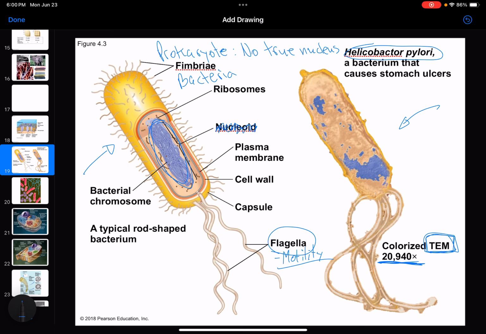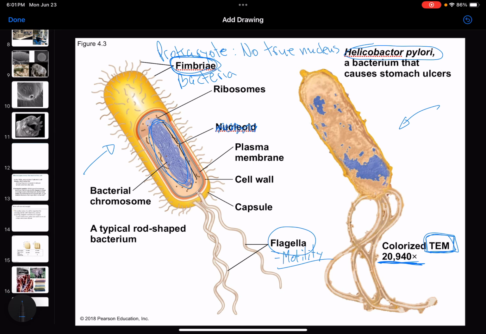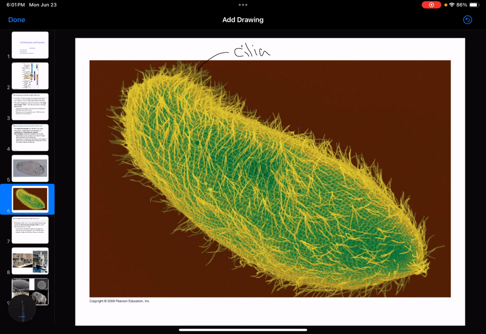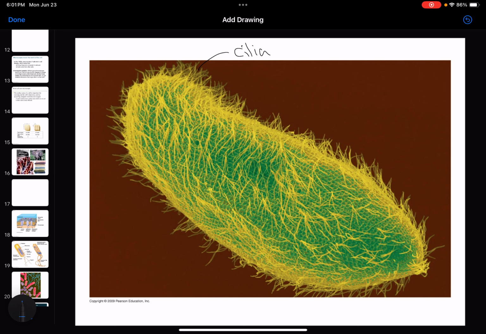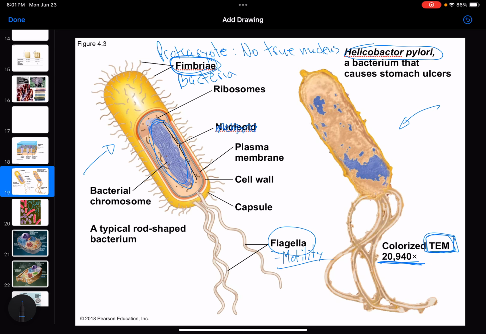Okay, next, from the outside moving in, fimbriae. Fimbriae over here in blue. Those are those little hair-like structures. They might remind you of cilia, the way you saw them in paramecium, but they are totally different. They're not the same thing. Paramecium you're looking at here is a eukaryote. It has a nucleus.